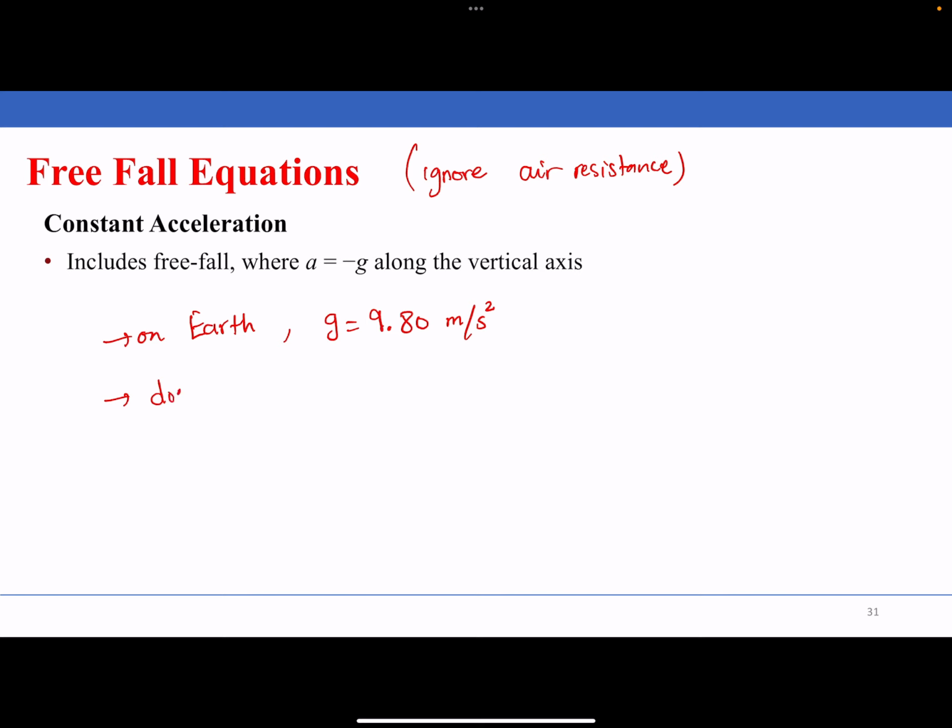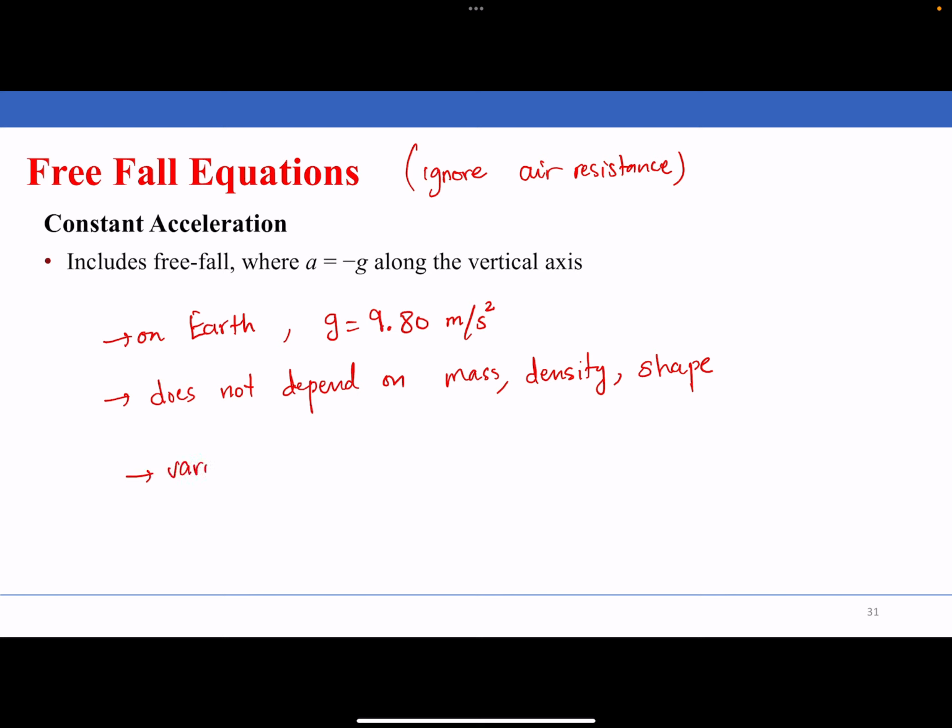The value of g does not depend on the mass of the object, density of the object, or shape of the object. If you drop a hammer and a feather from a certain height, they will accelerate at the same rate of 9.8 meters per second squared.